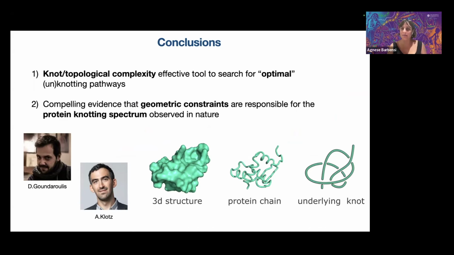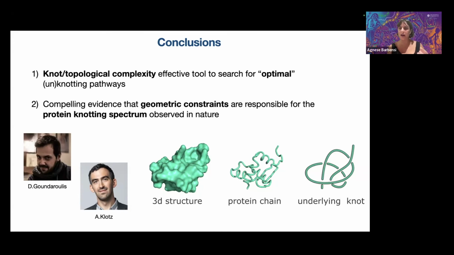What we think we are bringing you with this project is that we are showing that it does make sense to talk about topologically optimal unknotting or knotting pathways. And we can do this effectively by looking at different ways of defining knot or topological complexity.